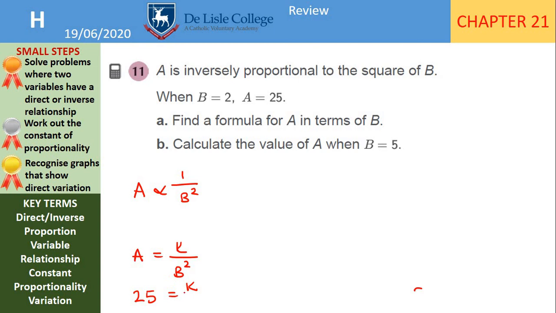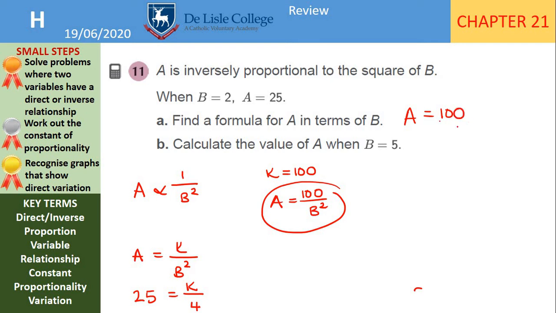B is 2, so 2 squared is 4. And 4 times 25 would give me that k equals 100. So my formula for A in terms of B, replacing k with 100, will be A equals 100 divided by B squared. So A equals 100 over B squared.